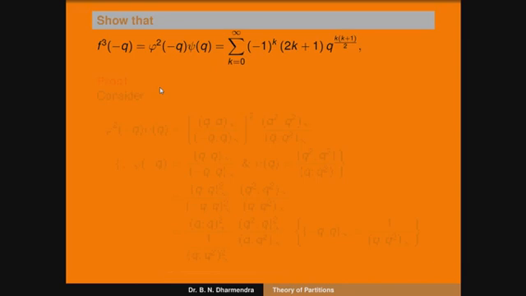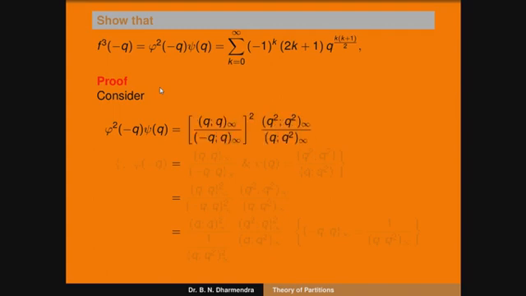Now I have to consider phi squared of minus q into xi of q. What is phi of minus q? It was already shown in the earlier class that it is (q; q) infinity divided by (minus q; q) infinity. You can take that squared. And in terms of xi of q, the definition of xi of q is (q squared; q squared) infinity divided by (q; q) infinity.